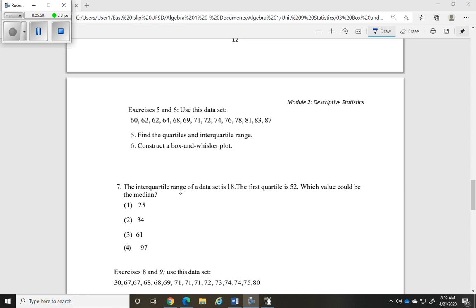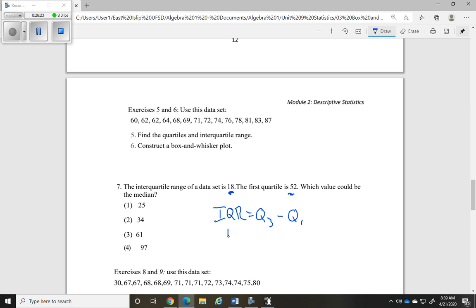they're telling us that the interquartile range is 18, and they're telling us that the first quartile is 52. So they're asking what value could be the median. So let's use some common sense here. Remember, interquartile range is Q3 minus Q1. So I can actually find what Q3 is.